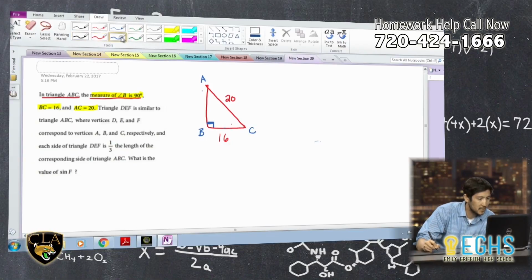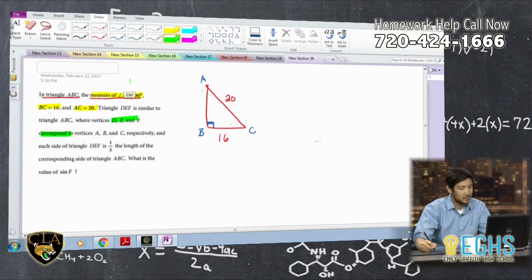So triangle DEF is similar. It says triangle DEF is similar to triangle ABC, and vertices D, E, and F correspond, which means that they're in the same spot, or they align, to vertices A, B, and C respectively.